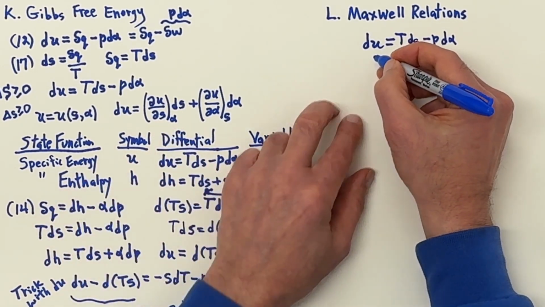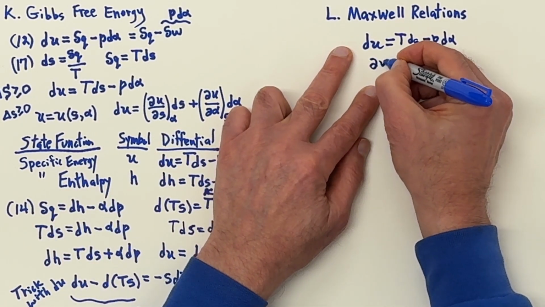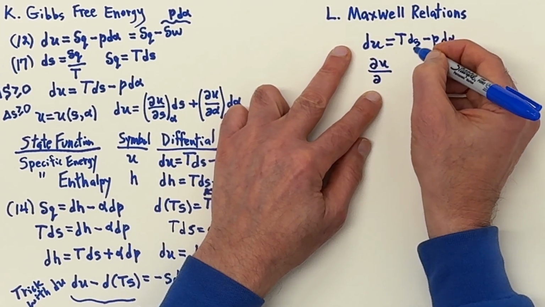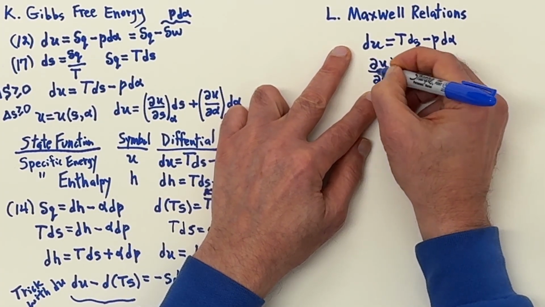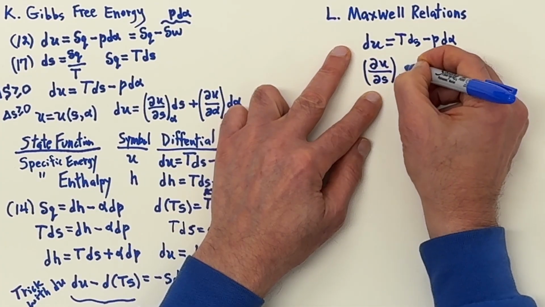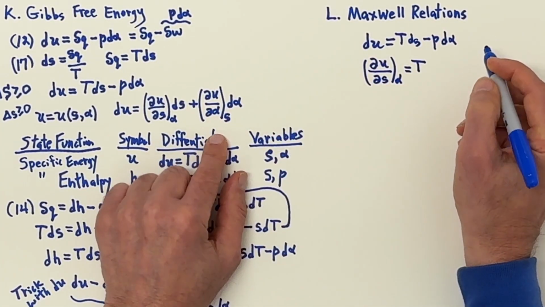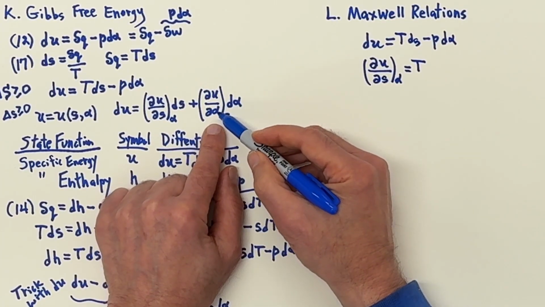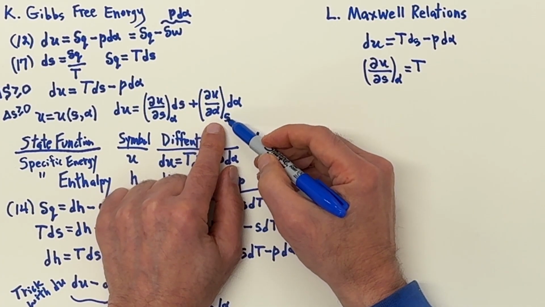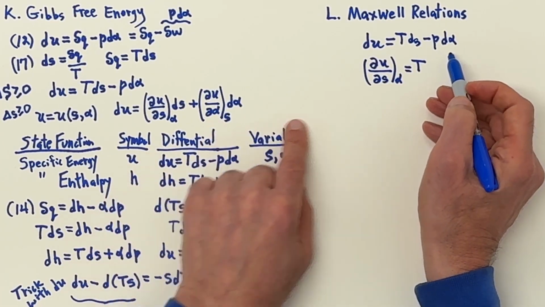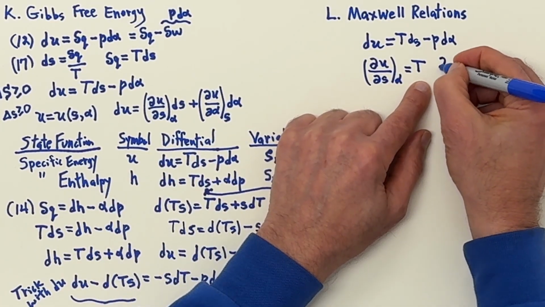So let's go ahead and write that down. The derivative of u with respect to s holding alpha constant is equal to the temperature. And then the derivative of u with respect to alpha holding the entropy constant is going to be this minus p, the second term. So let's write that down.